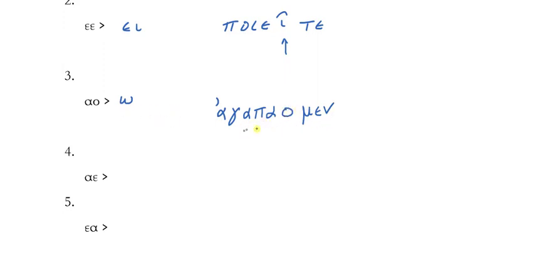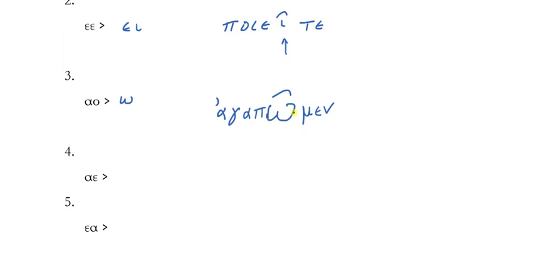And alpha omicron produces what contraction? Omega. And look at how big that omega is. And it gets a circumflex too. Okay? So agapomen. We love.